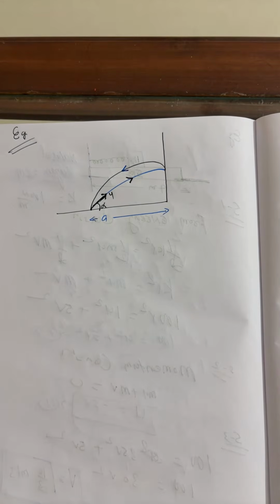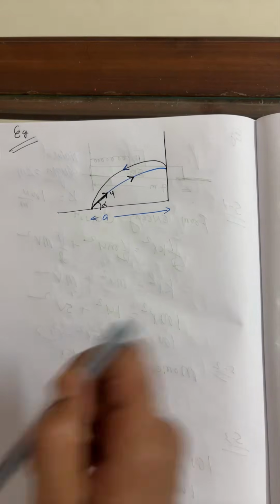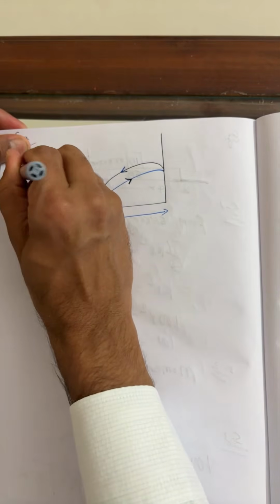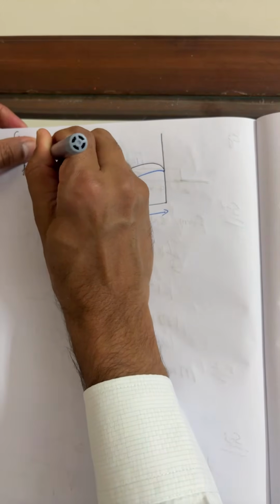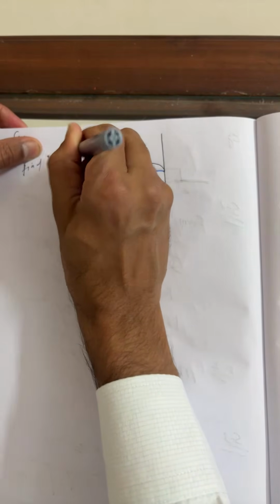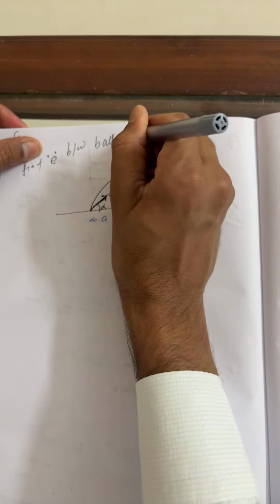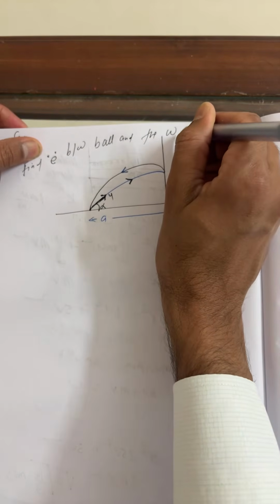So what we have to find basically is the coefficient of restitution between the ball and the wall. Find e between the ball and the wall.